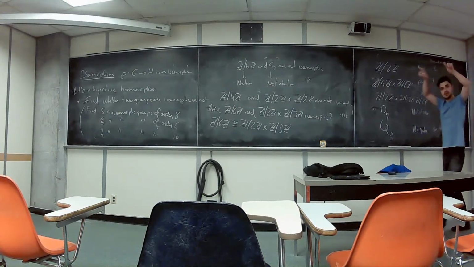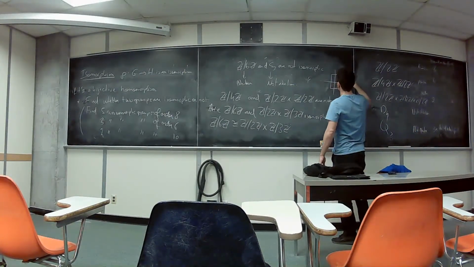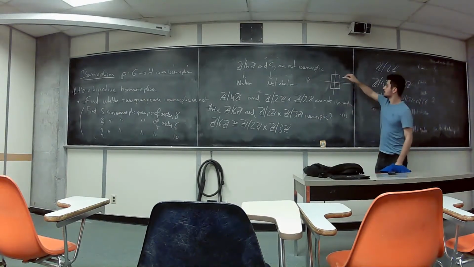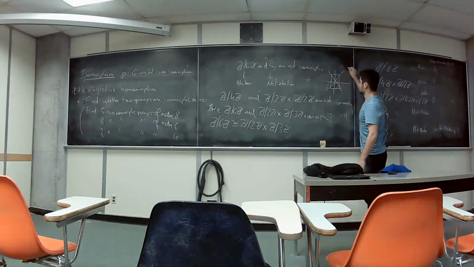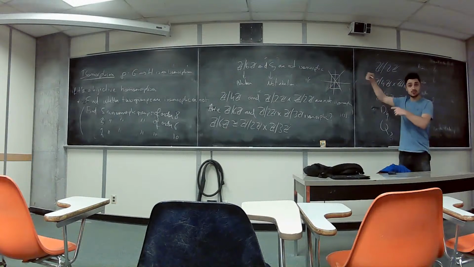Now D4, how many elements of order 2 do you have? Look at the reflections of the square. So how many reflections do you have? 4 reflections, and a reflection has order 2. So you have at least 4 elements of order 2. And you have 5 because you have the rotation squared.